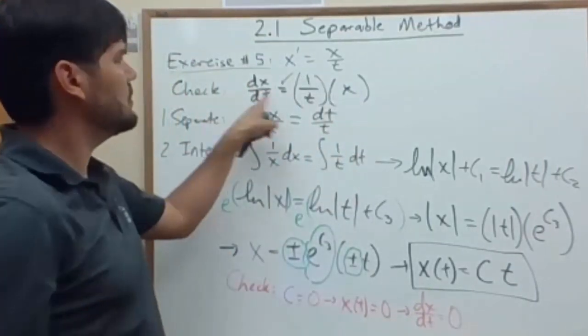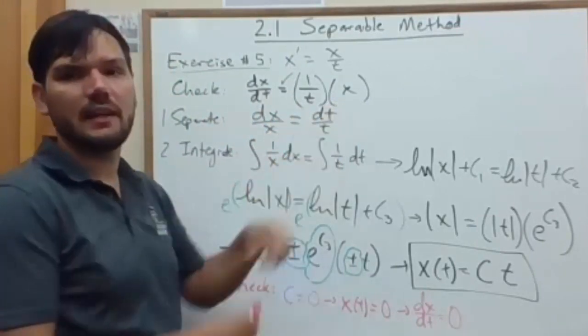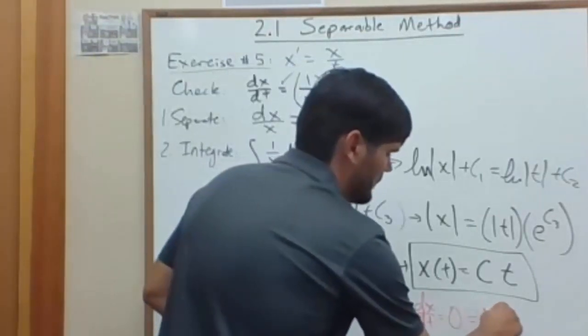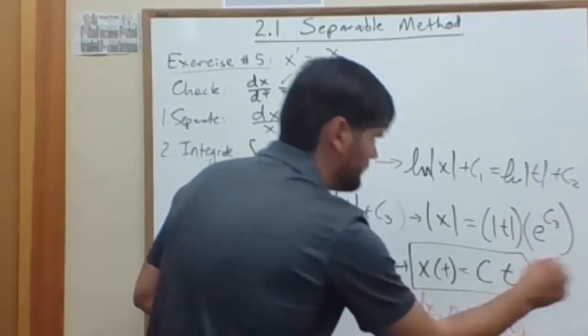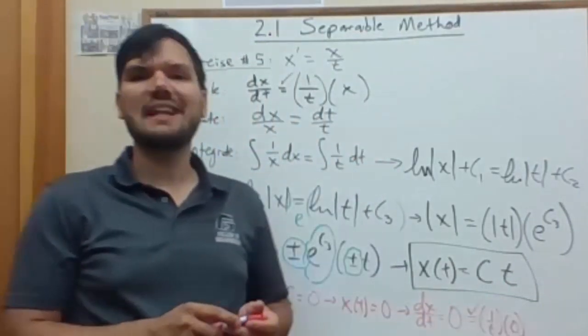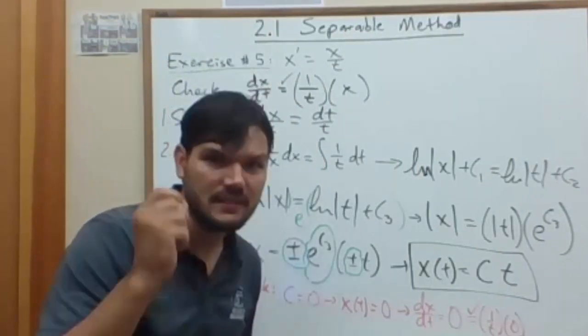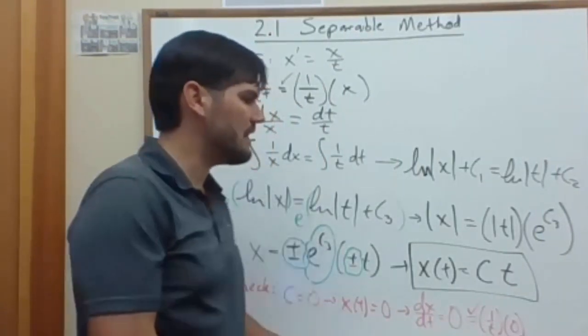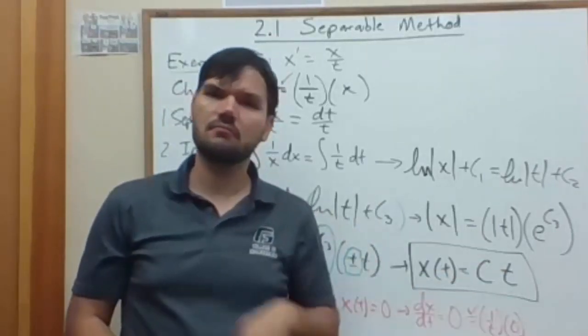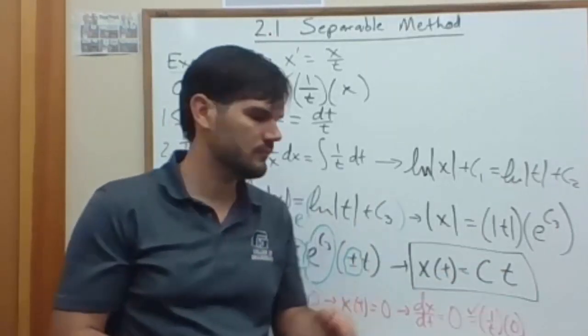Well, dx dt should be equal to 1 over t times x, which is 0. That's true. So when x equals 0, it satisfies the differential equation, which means it's part of the solution. So we don't have to make any conditions on that c. It's truly arbitrary.